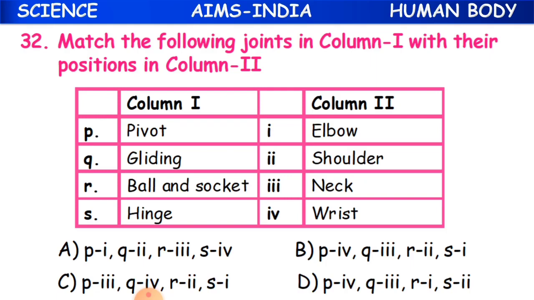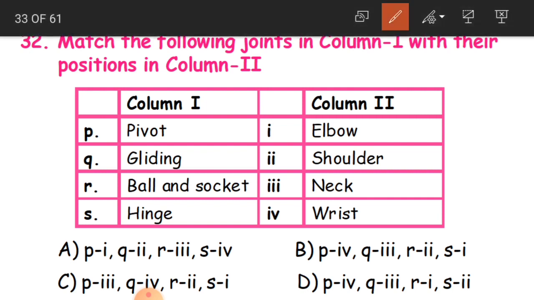Match the following joints in column 1 with their positions in column 2. Here are the joints in column 1, and where do they exist? That is in column 2. So we have to match. Pivot joint: where do we have it? It is in the neck. So we'll match it with neck.